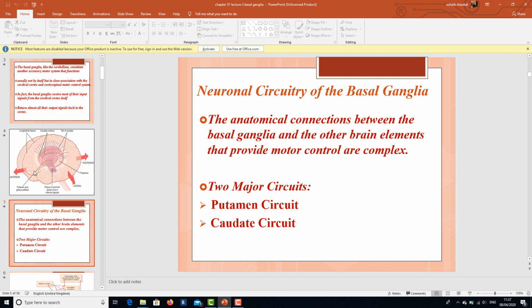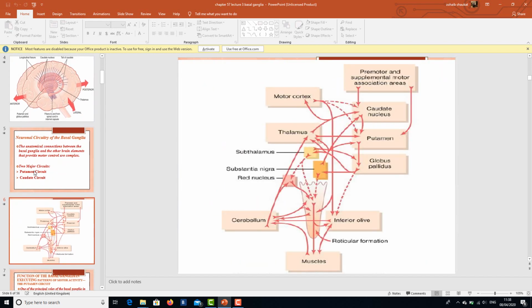These two neuronal circuits are the putamen circuit and the caudate circuit. You can see them, and all of you are supposed to draw and label these putamen and caudate circuits.